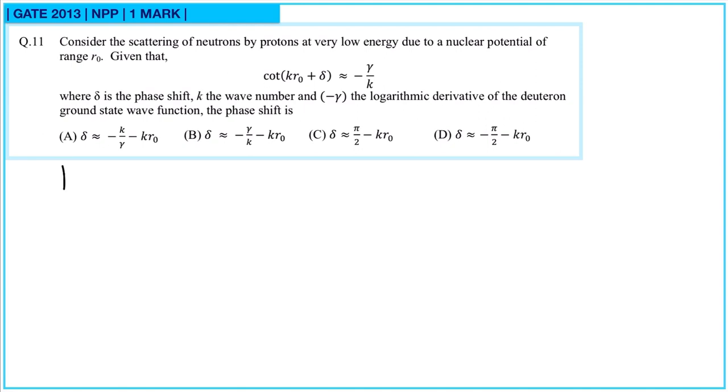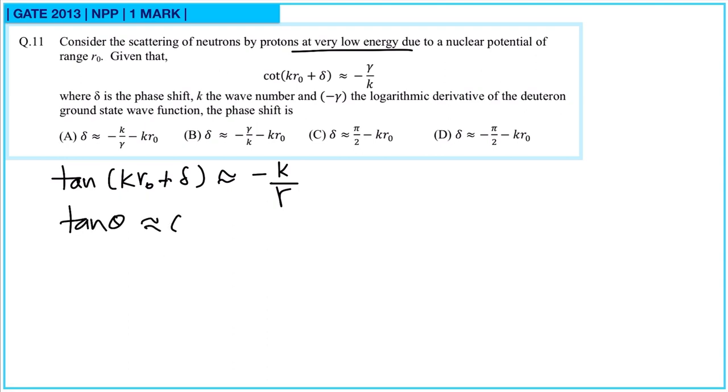This function is given, so I can take reciprocal on both sides. So tan of (k R0 plus delta) will be nearly equal to minus of k by gamma. And if we are considering very low energy, then at that point tan theta I can write is nearly equal to theta.